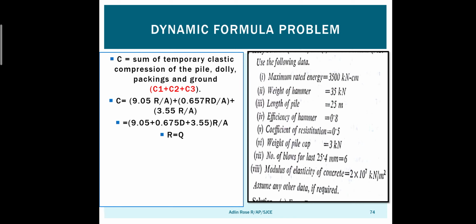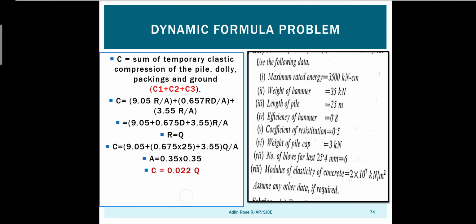So R is kept as QU, and we don't know the value of R, but we know the value of A. What is A? Area, 0.35 into 0.35, so square pile. So substituting those values, you'll get the constant C is equal to 0.022 into Q. And what is D in this formula? D is the length of the pile. Length of the pile is given as 25 meter. So substituting that, we get C is equal to 0.022 Q.